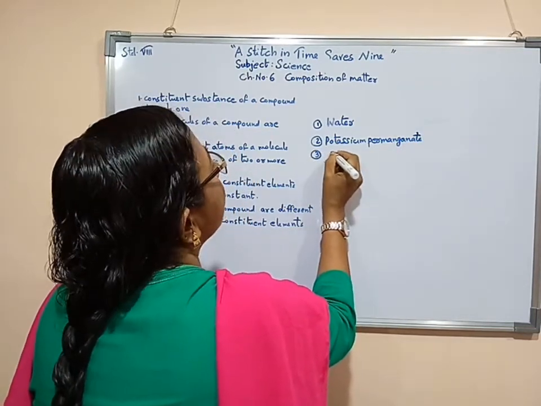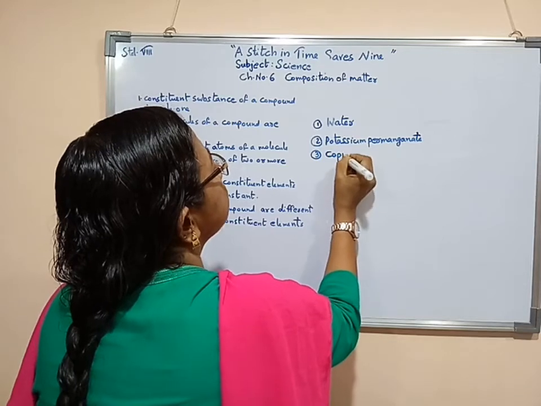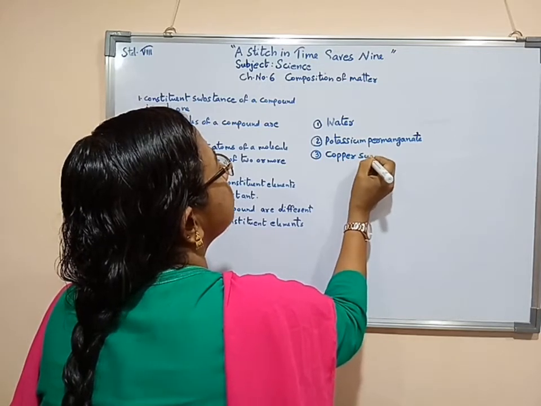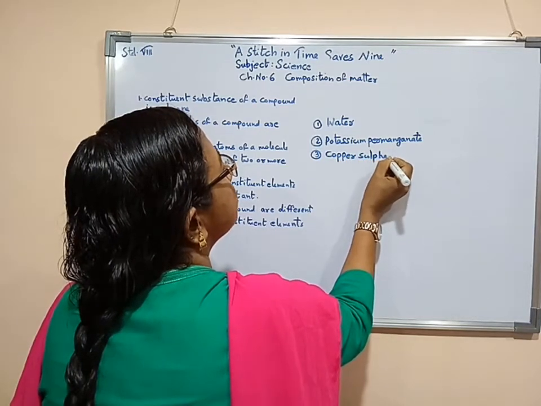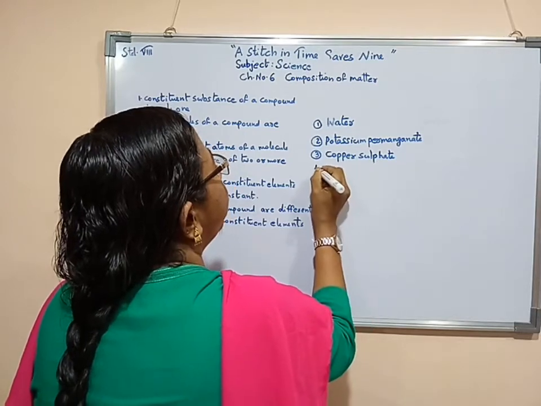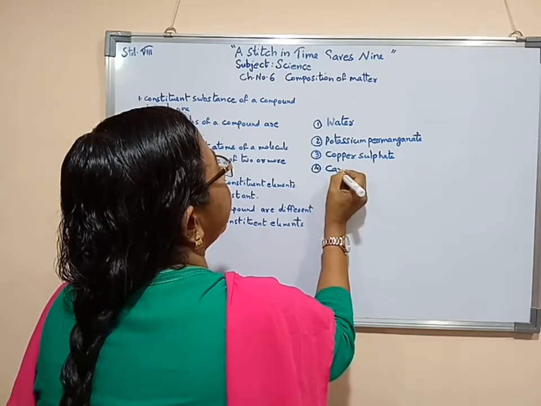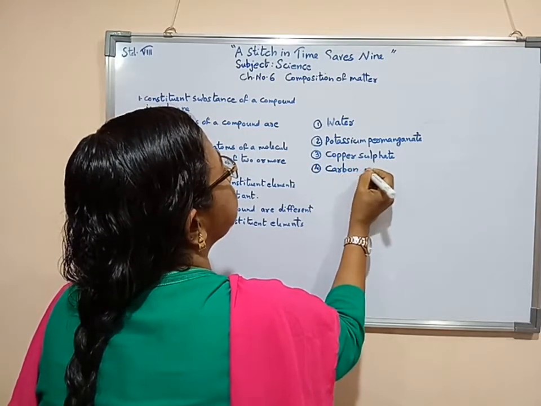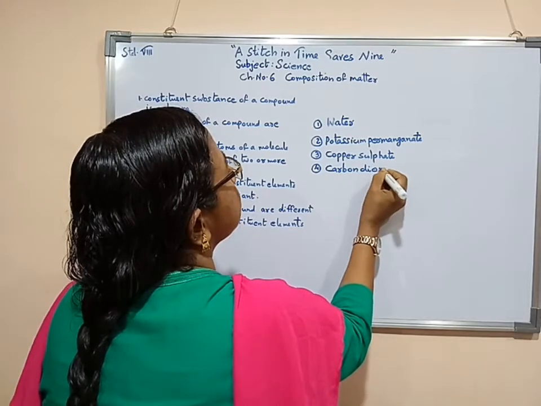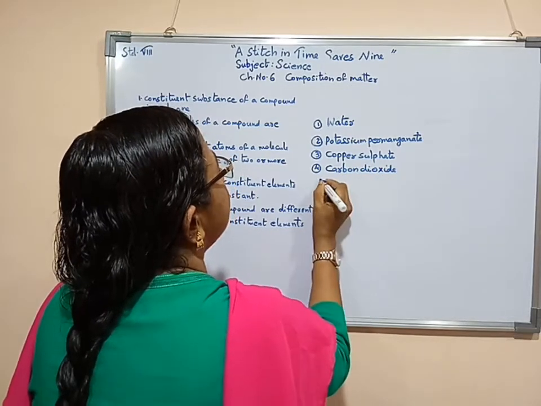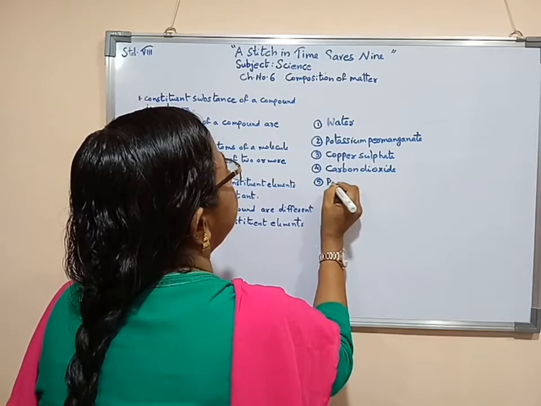Third one, copper sulfate. Fourth one, carbon dioxide. Fifth one, potassium dichromate.